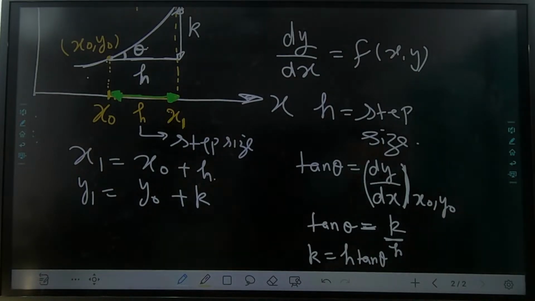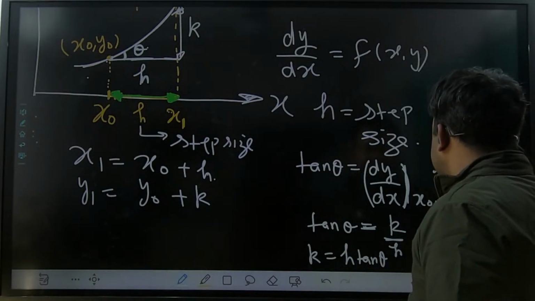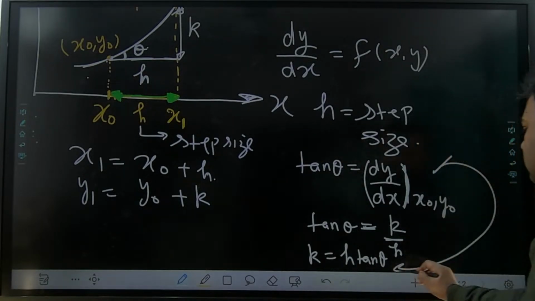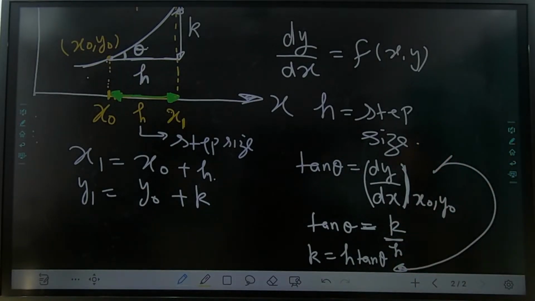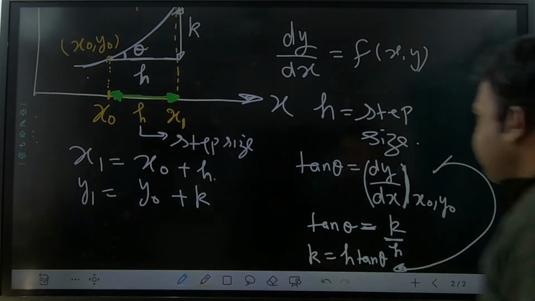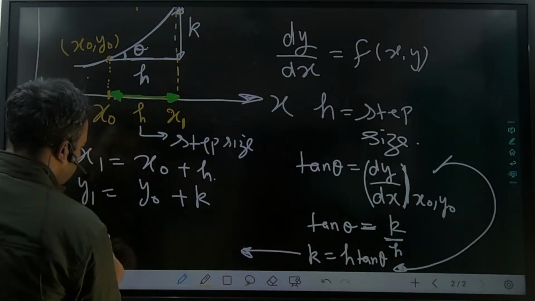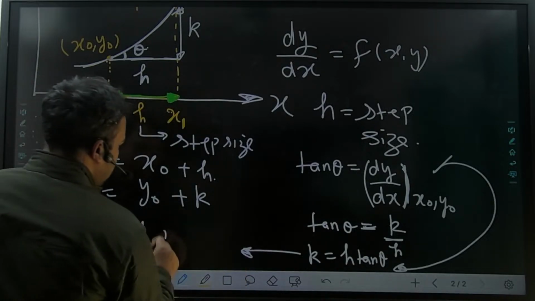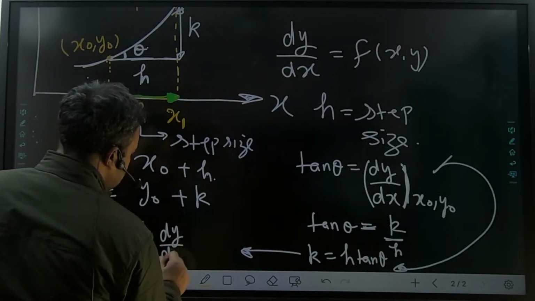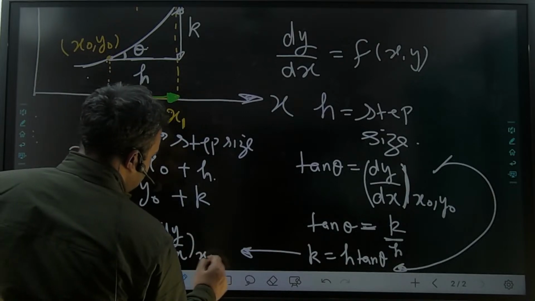So k is equal to h tan theta. Now the tan theta value I know, that is dy by dx at x naught, y naught. So I'll find the value of k: k will be h into dy by dx at x naught, y naught.